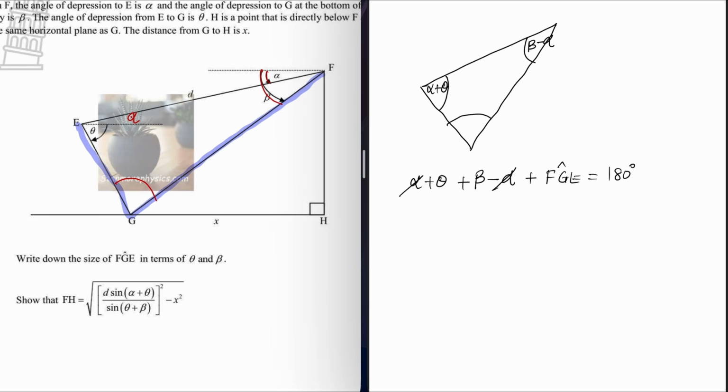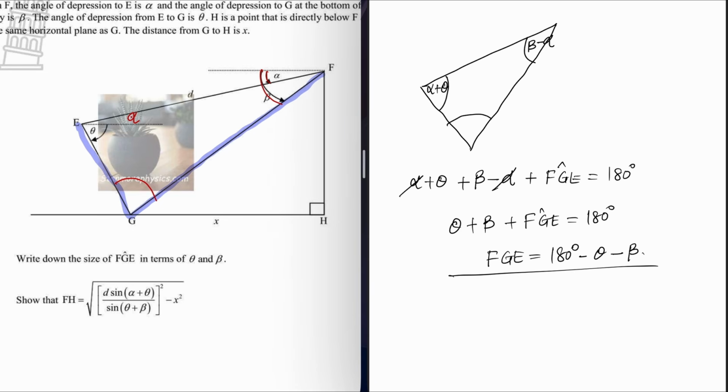That means that theta plus beta plus FGE is equal to 180 degrees. It means then that FGE is equal to 180 degrees minus theta minus beta. So let's write that in, 180 minus theta minus beta. And this is equal to beta minus alpha.